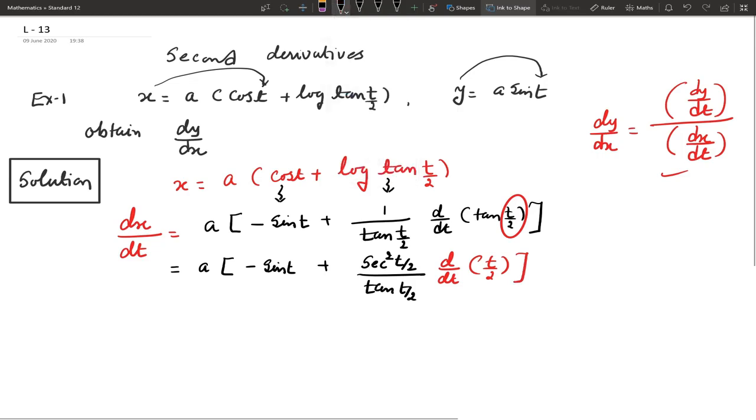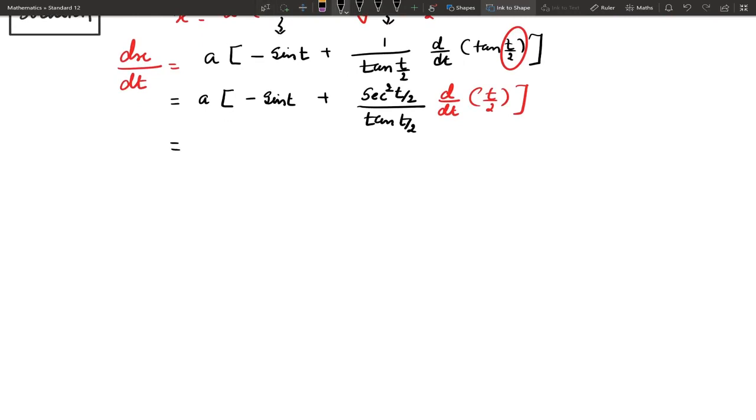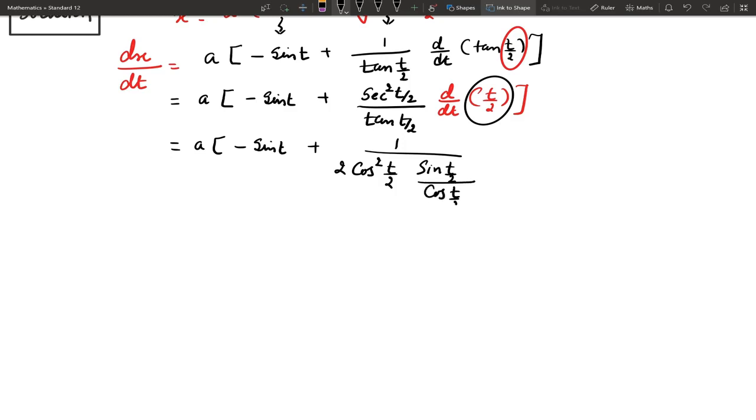So a into bracket, let us simplify, minus sin t plus sec square, so it is 1 upon cos square t by 2. This derivative is 1 half, since d by dt of t is 1, so 1 by 2 is a constant. Now tan t by 2 in the numerator is sin t by 2 upon cos t by 2, so we can cancel one cos t by 2.